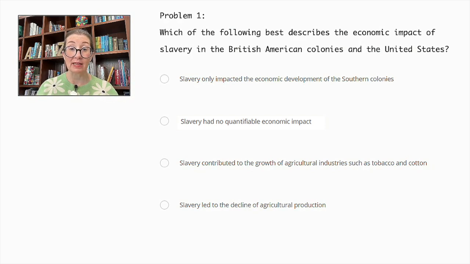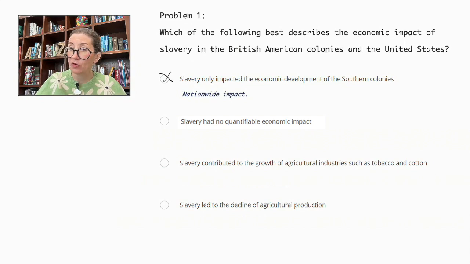Or slavery led to the decline of agricultural production. While slavery was most prominent in the southern colonies, its economic effects were felt nationwide, influencing markets, trade, and economic policies across the entire country.